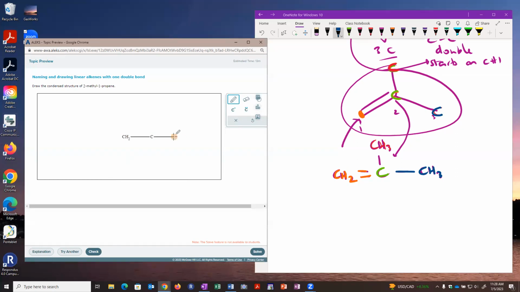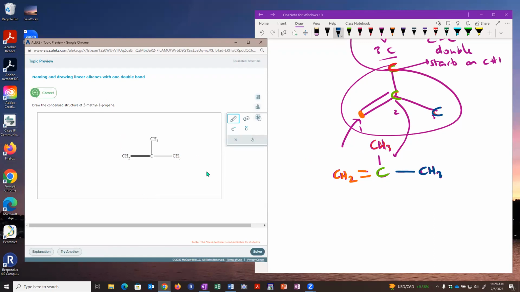So there's a CH3 at the end. Let's find a CH3. That's that one. From the middle carbon, I have a CH3 going to the top. And I click on the end of it, add a CH3. Now I need a double bond between these two. So I click on the CH2 and drag it across to make it a double. So this now kind of looks like this. Let's check it and see if it looks correct.